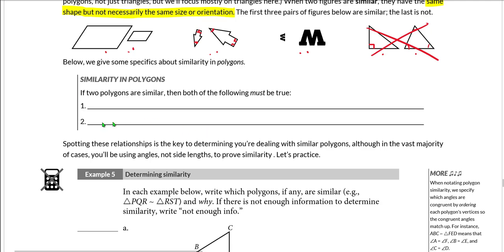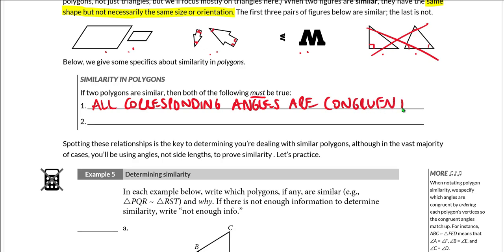In terms of polygons, let's talk about the two things that must be true in order to prove or to determine similarity in polygons. The first of those two items is that all corresponding angles are congruent. And again, we saw that with these arrowheads up here.